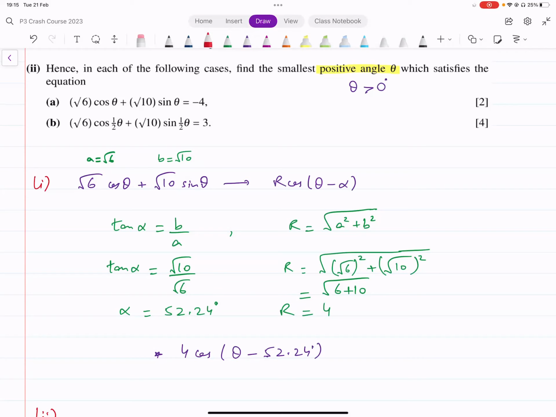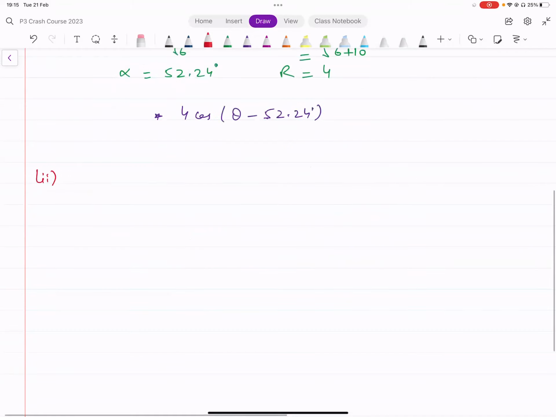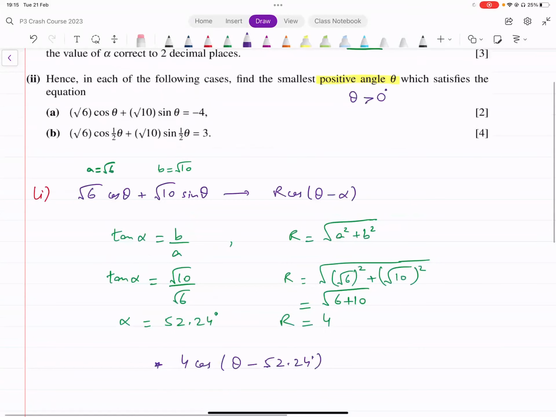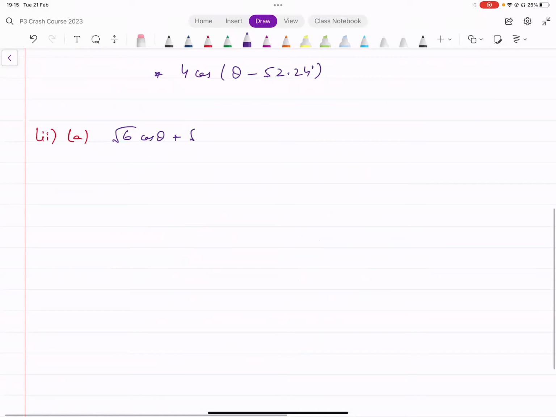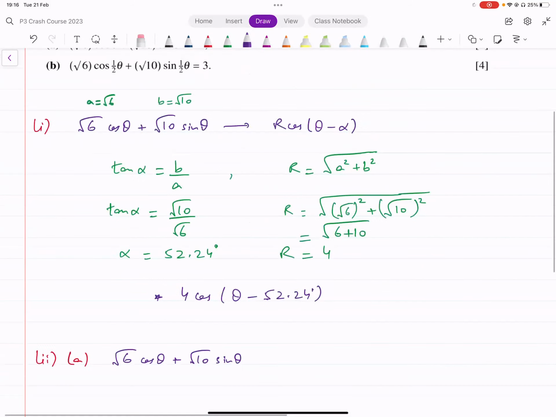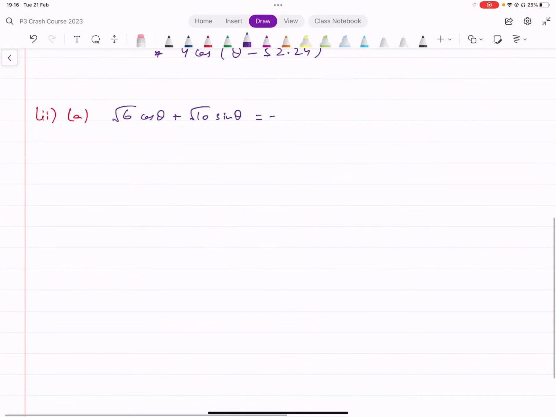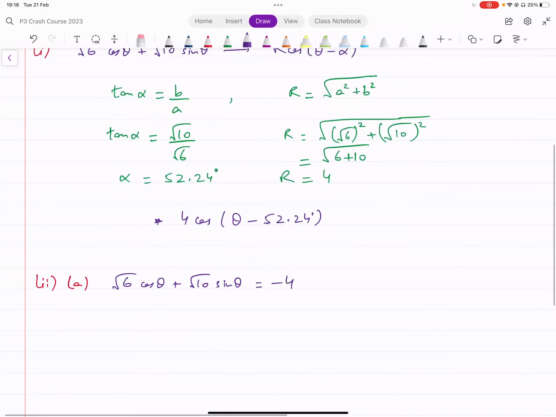Now let's look at the first equation. Part 2a. What do we have in the first equation? The first equation says square root of 6 into cos theta plus square root of 10 into sine theta equals minus 4.